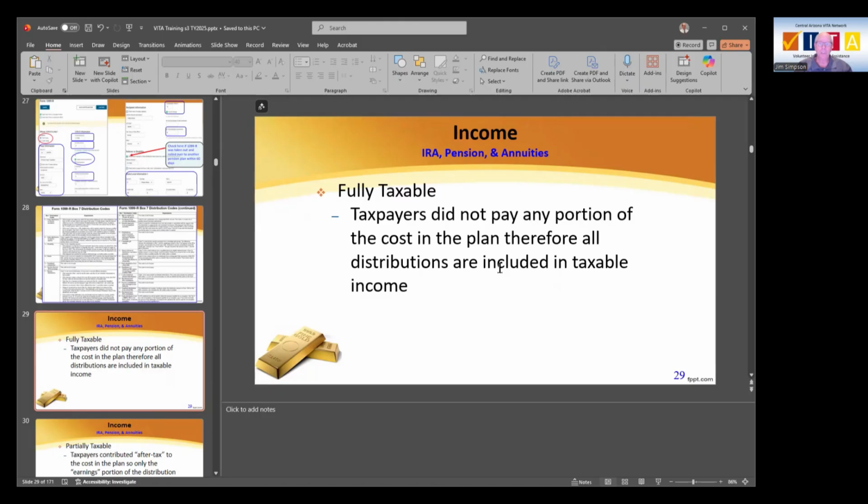But so the general rule is all of these things are fully taxable. However, if you put some money into the plan with after-tax dollars, like for instance, you buy an annuity with money that you've already paid tax on, then really when those payments come out, only a portion of it's taxable.